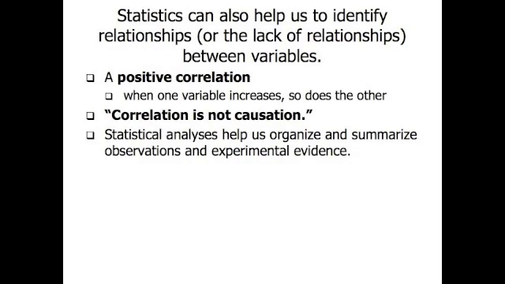Should we then conclude that firefighters make fires worse? No. While correlations can reveal relationships between variables, they do not tell us how the variables are related or whether change in one variable causes change in another. In other words, correlation is not causation.